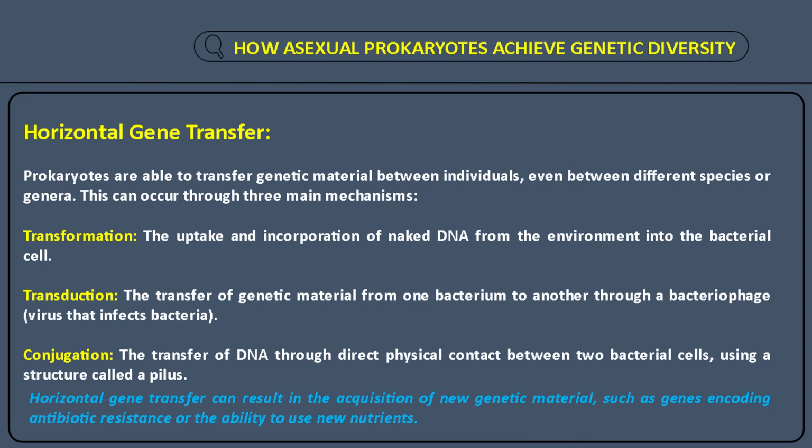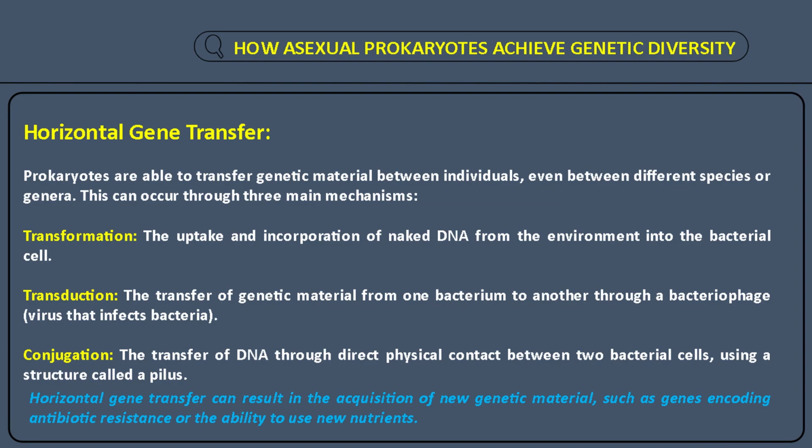For instance, bacteria can acquire resistance to antibiotics through HGT, allowing them to survive and thrive in the presence of the drug. They gain genetic diversity or resistance mechanisms, so instead of dying, they can adapt and become resistant.